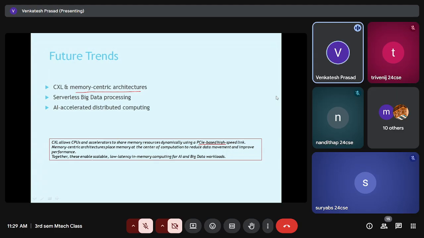Okay, so all these are future trends, and big data has to support all these new architectures. Okay, memory centric, then of course you always require scalable, low latency, distributing workloads, load balancing, all these things are required. All these NFRs I told you in the first class itself. For any solution, for any model, it has to meet these NFRs, non-functional requirements.